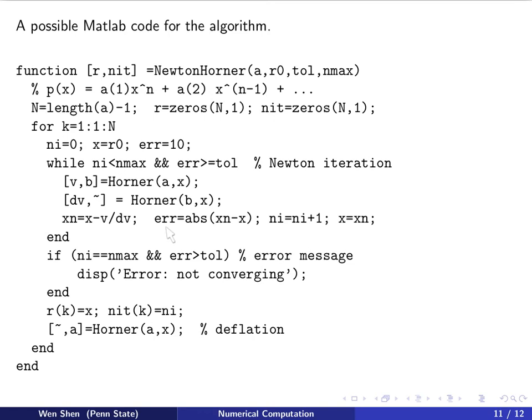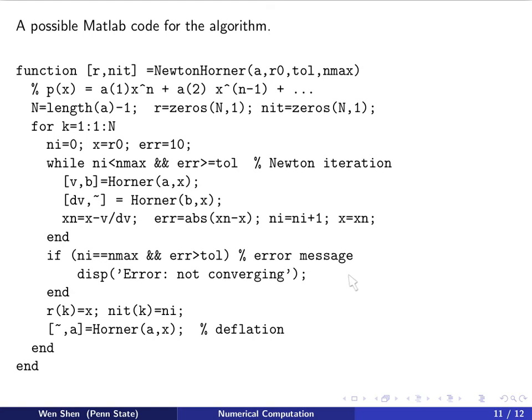Then we compute the error to be the absolute value of the difference between the values of the two iterations, we keep count of the number of iterations, and we update the x value. When this while loop is done, either the error is smaller than the tolerance or the total number of iterations is reached, and then we assume that we have found a root.